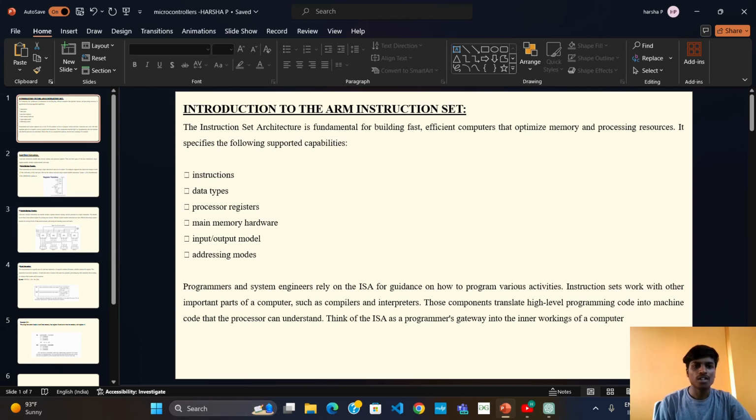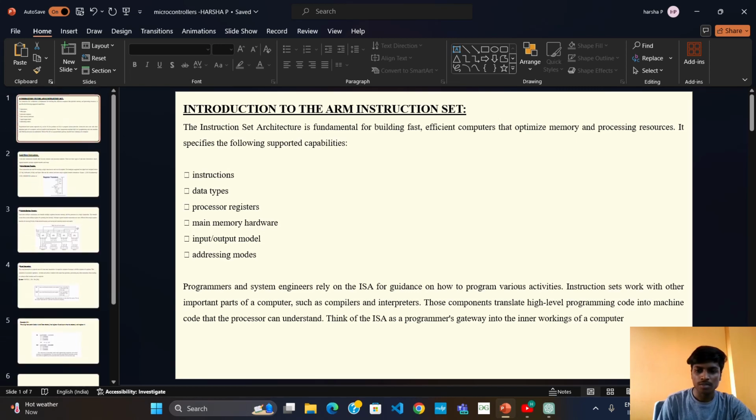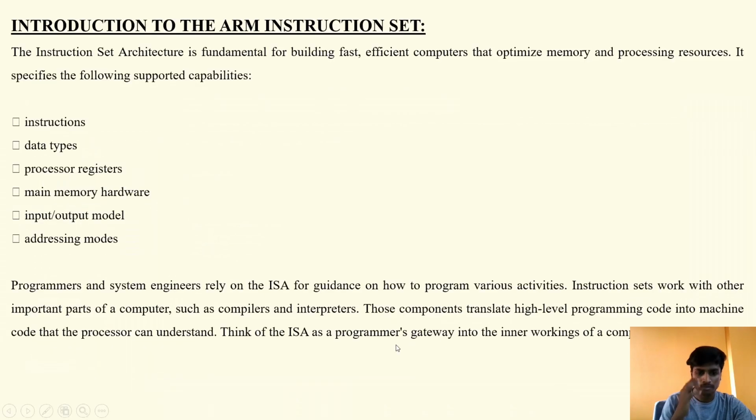The instruction set architecture is fundamental for building fast, efficient computers that optimize memory and processing resources. It specifies supported capabilities like instructions, data types, processors, registers, main memory, hardware, input and output model, addressing modes, etc. Programmers and system engineers rely on the ISA for guidance on how to program various activities.